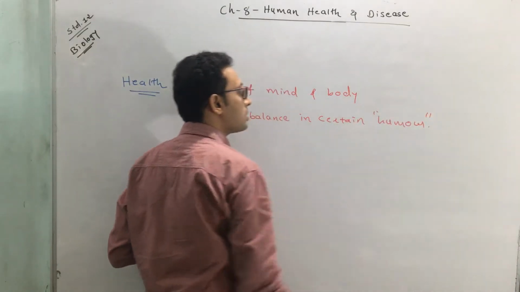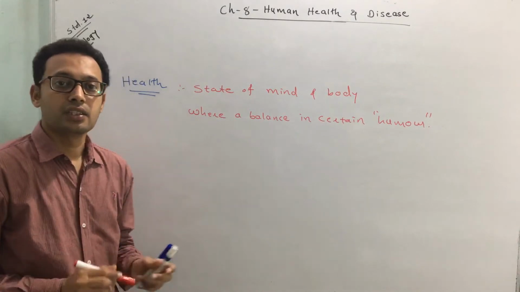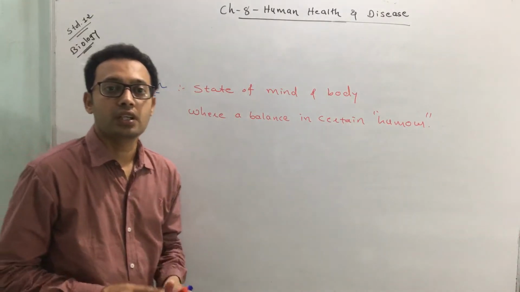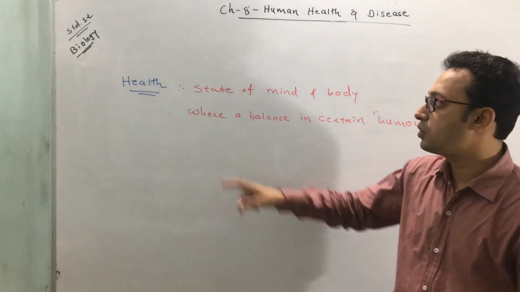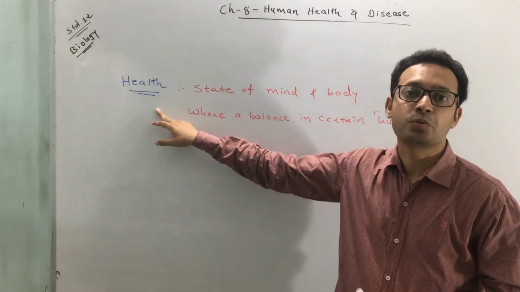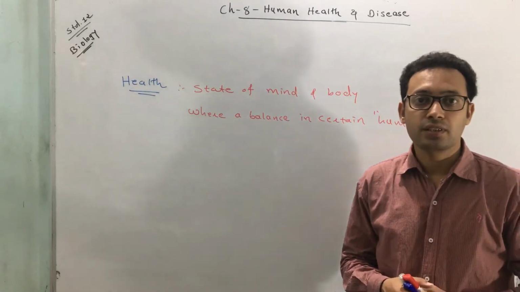Clear? So this is called health. This is a definition according to the Indian system of Ayurveda and the Greek system of medicine proposed by Hippocrates. Hippocrates is also considered the father of medicine.